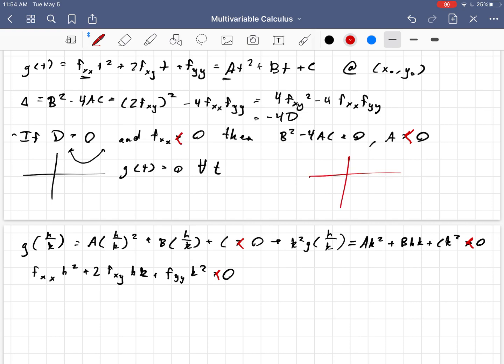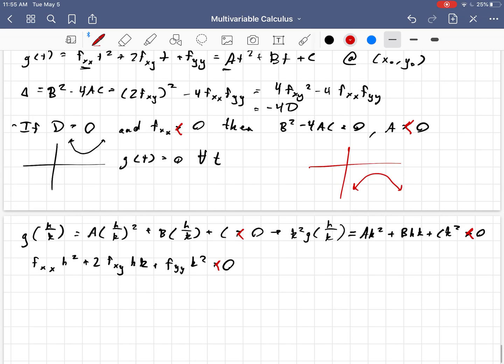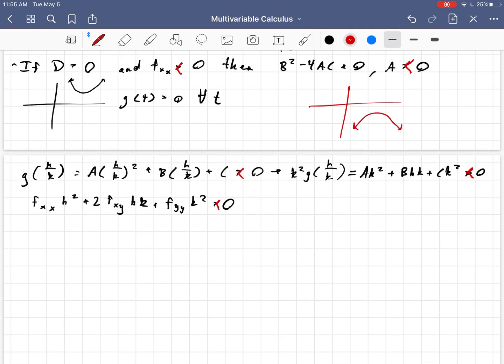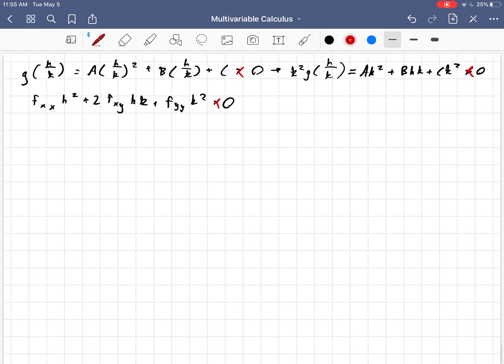It's the same exact logic. In case 2, you have a parabola opening down like this, and so it always is below the x-axis for all values of t. So it's always going to be negative, and so therefore the directional derivative will always be negative, so we always have negative concavity, which implies a local maximum.